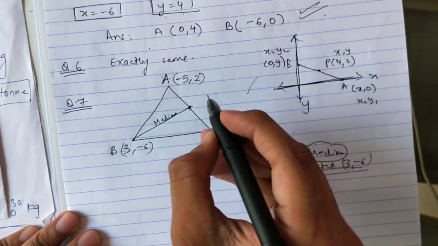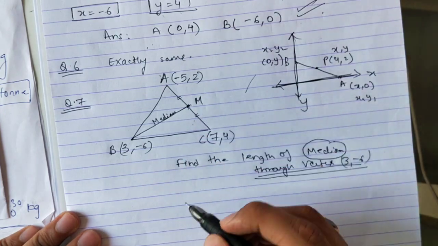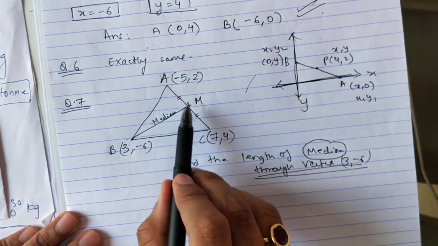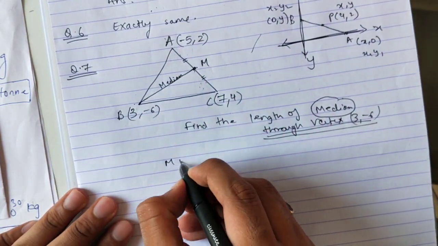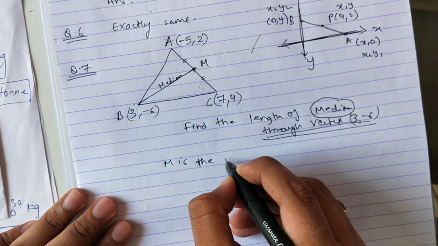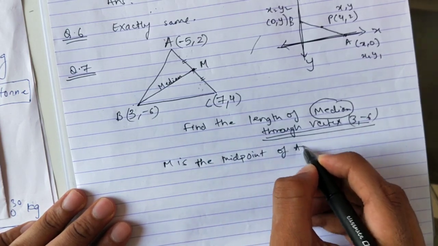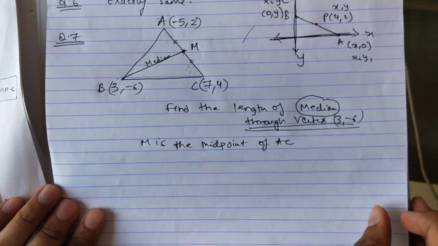That means this point, let's name it M, is the midpoint of AC. I hope you have understood.